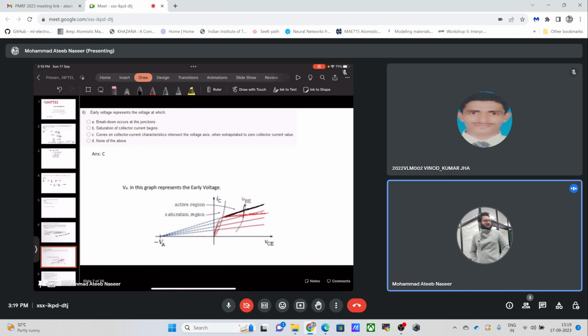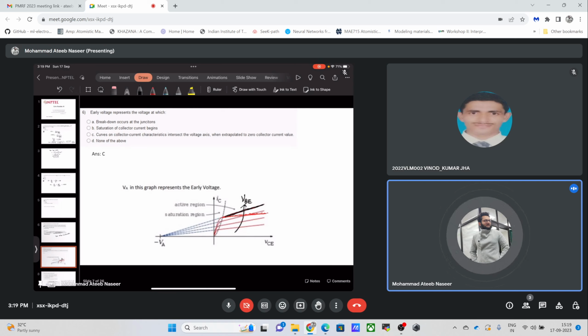If this is the increasing VBE, we observe that they intersect the collector to emitter voltage axis at some particular negative voltage value, which is named the early voltage. So this VA is the early voltage.